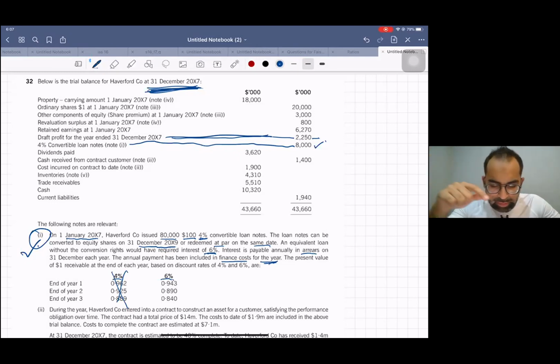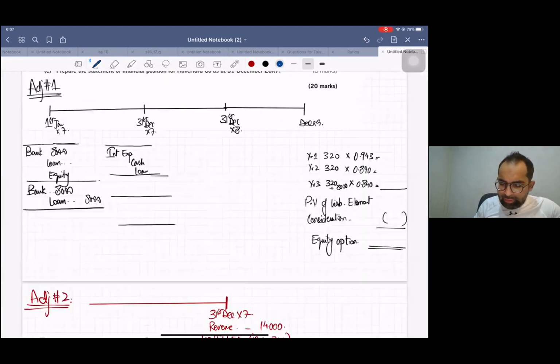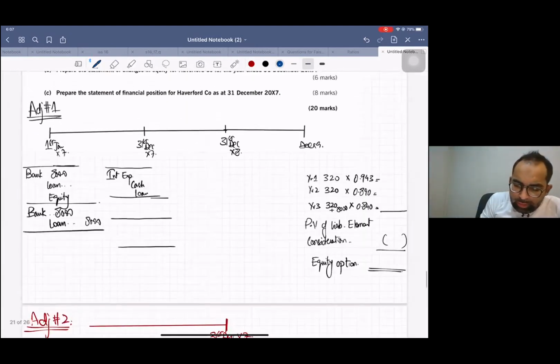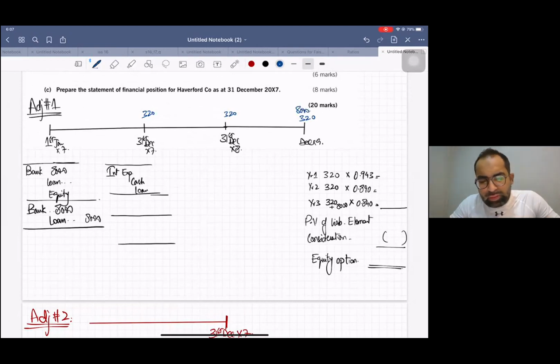Okay, let's do it. 8,000 times 4%, 320 is the physical interest. Look at the screen: 320, 320, 320 plus 8,000. These are the cash flows. For 3 years you have to give the interest, and in the last year you have to give interest plus principal.